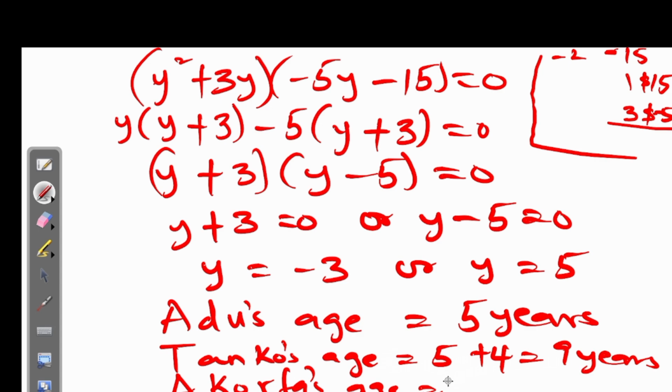Tanko's age, which is 9, times 6, 54 years. So we have the values of Adu's age, Tanko's age, and Akofa's age.